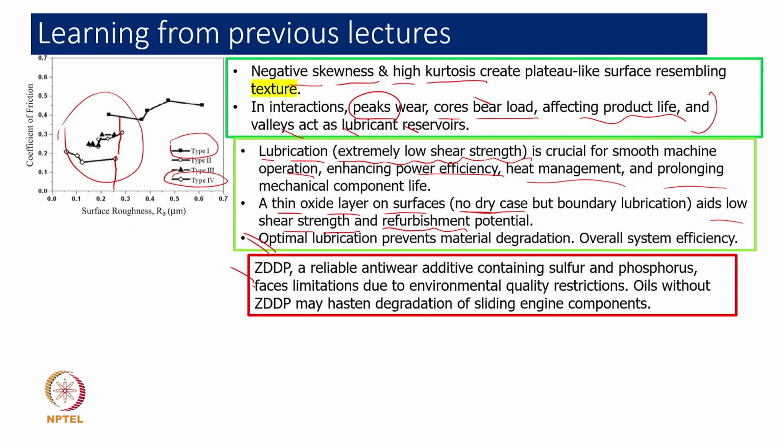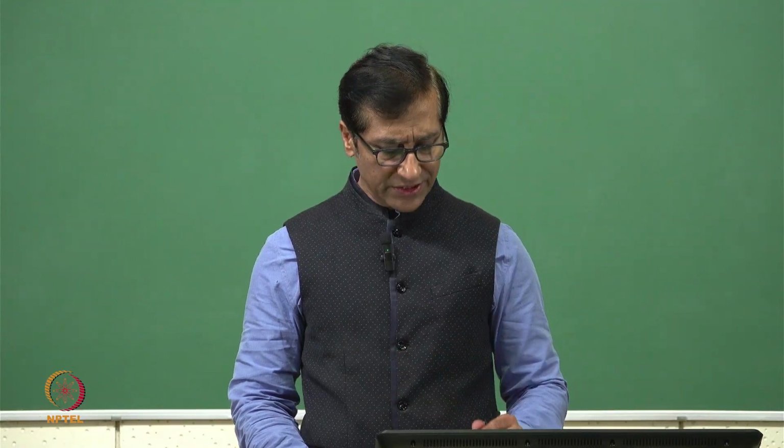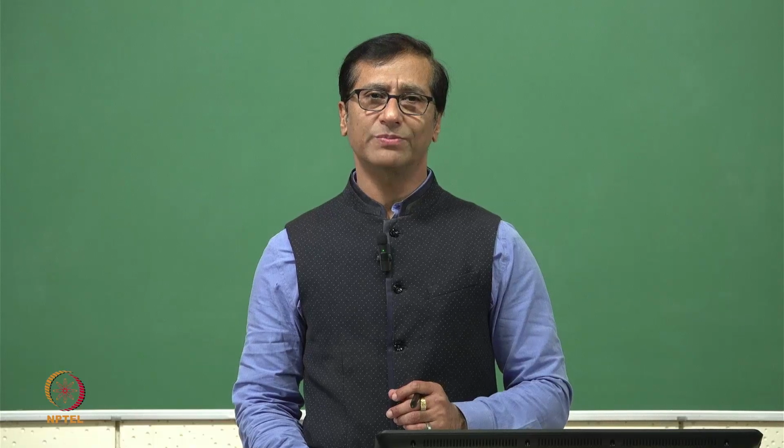We also learned one more important thing: ZDDP, which is used as an anti-wear additive in engine oils, is now facing some challenges. The reason being, it contains sulfur and phosphorus, and now there are environmental issues, and it is restricting that the sulfur percentage should not be beyond this percentage, and phosphorus should not be beyond this percentage.